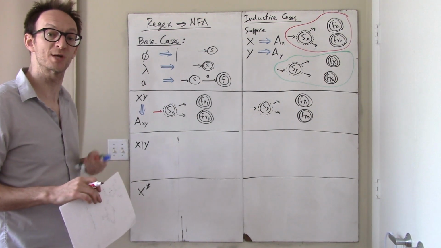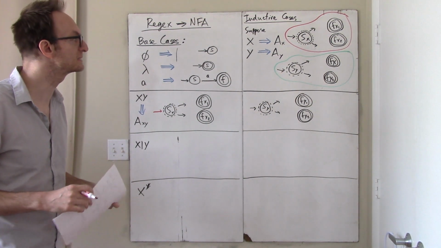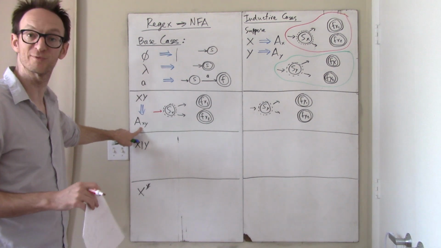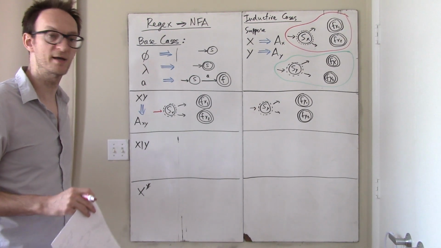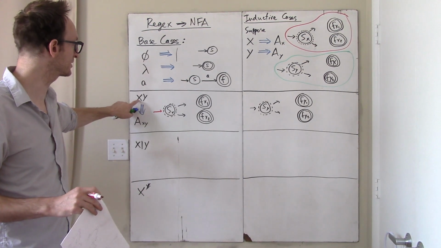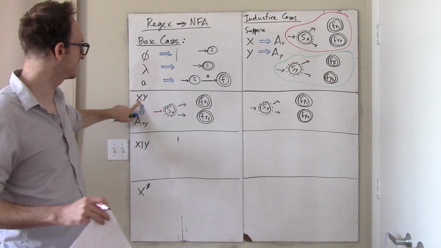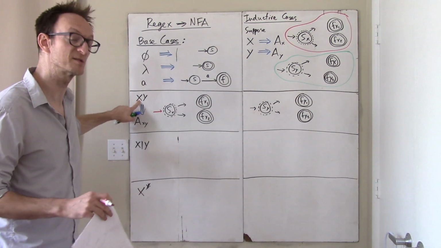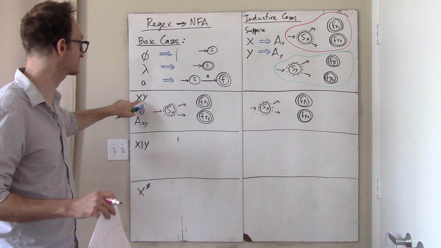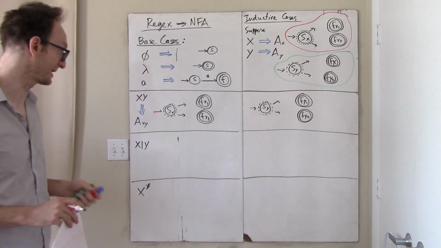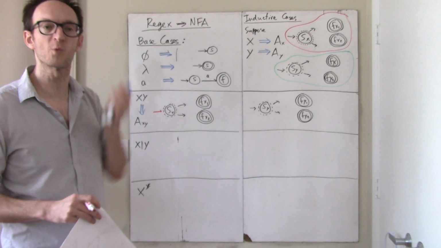Well, that should not be an accept state, generally speaking, of our Axy machine, because it's not enough. If the null string matches regular expression x, that doesn't mean that the null string will match regular expression xy necessarily, because we have to make it through the y machine too.